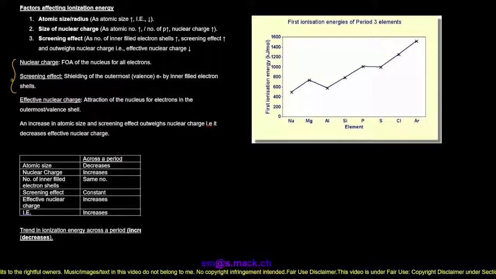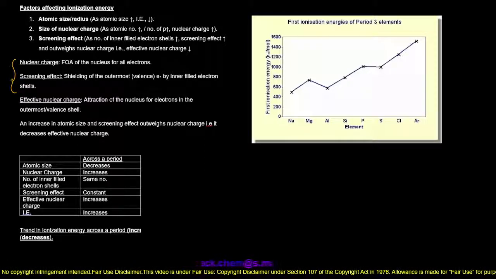Going across a period, as the number of protons increases, the number of electrons will increase. This means the nuclear charge will increase. What we have to keep in mind is, in a period, the number of inner-filled electron shells is constant.